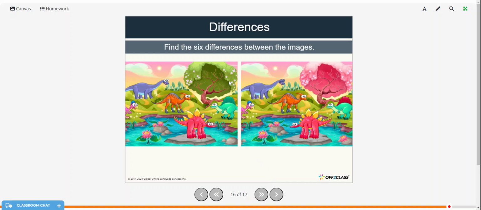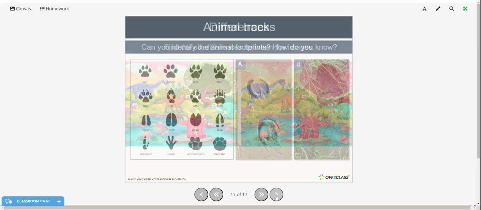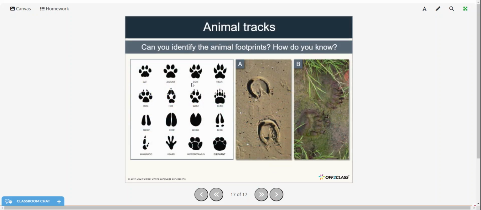So now practice finding 6 differences between these two images. And can you identify the animal footprints and how do you know? So you can go ahead and try that on your own.